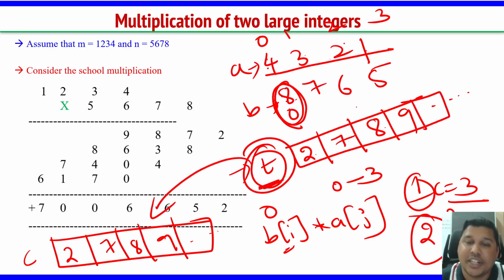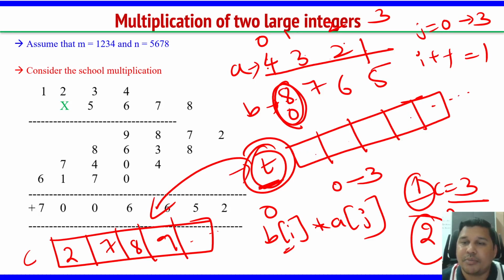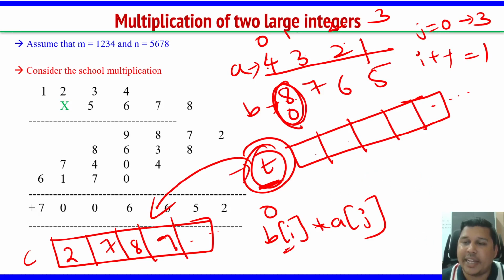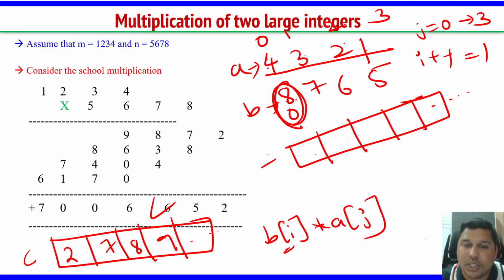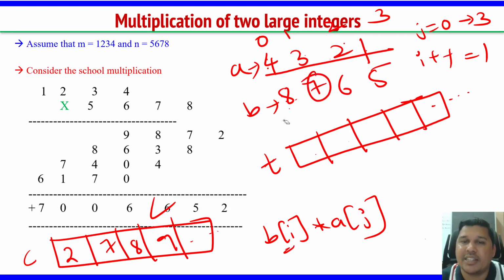Next, in the next iteration i will become 1, i plus plus will happen. j will again run from 0 to 3. Again you will do the same thing, B of i into A of j. B of i means 7 this time.